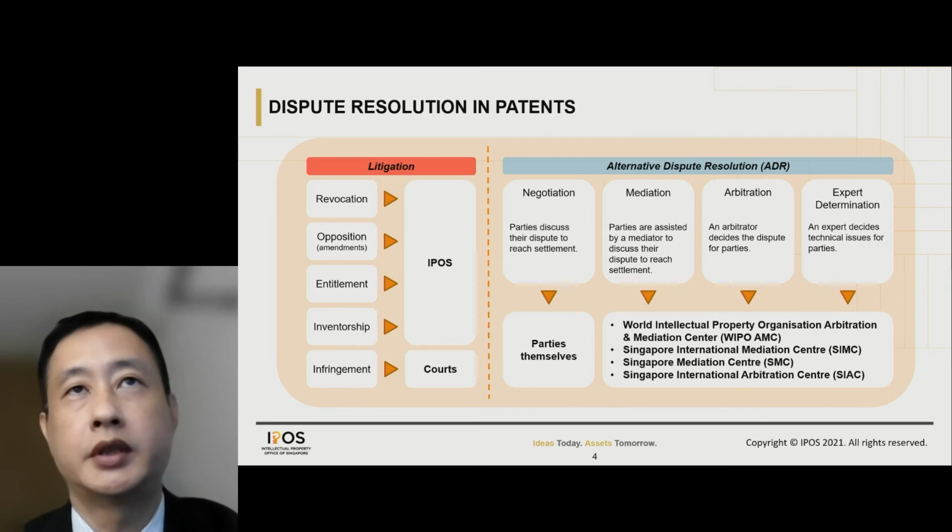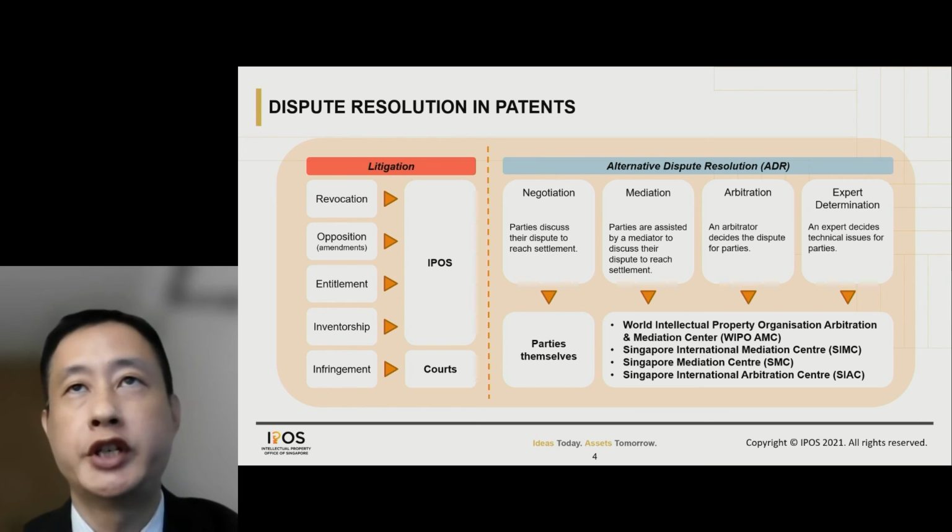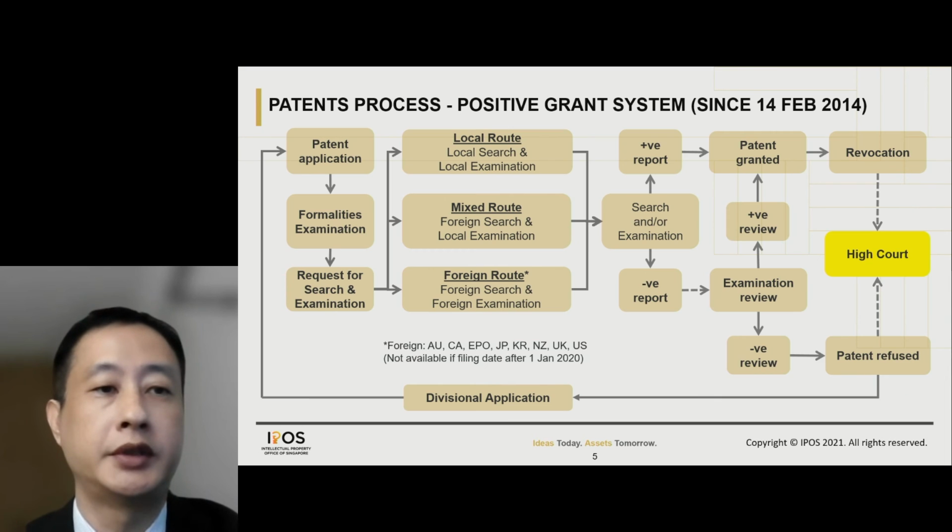In this case, disputes can be resolved through negotiation between parties themselves or through mediation, arbitration, and expert determination. And these may be heard at various centers. These are the WIPO Arbitration and Mediation Center, the Singapore International Mediation Center, the Singapore Mediation Center, or the Singapore International Arbitration Center. Next slide, please.